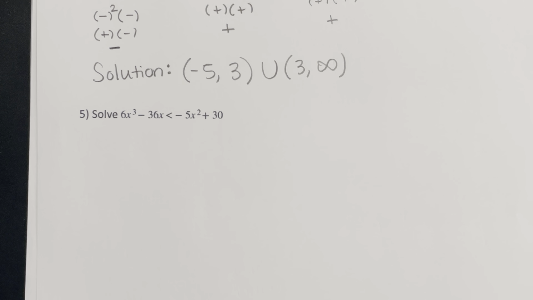All right, your last one, number 5, is 6x cubed minus 36x is less than -5x squared plus 30. This one's a little bit different because it's not already in factored form. So we treat it like we did with the quadratics. We get it equal to 0 so that we can put it in factored form.